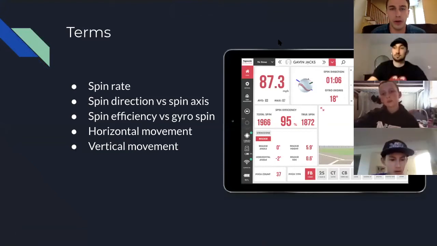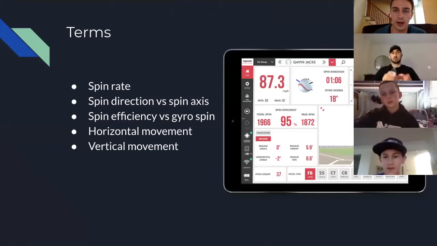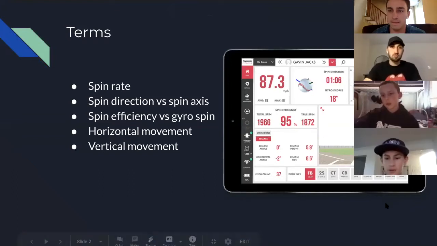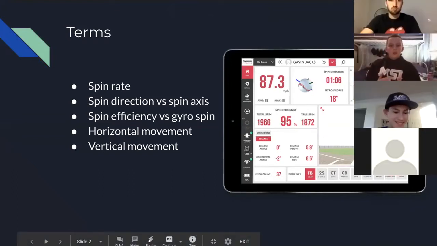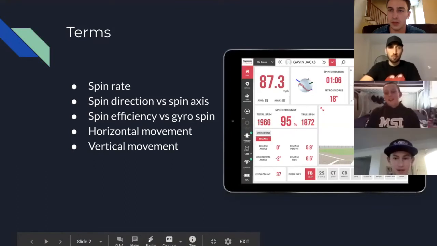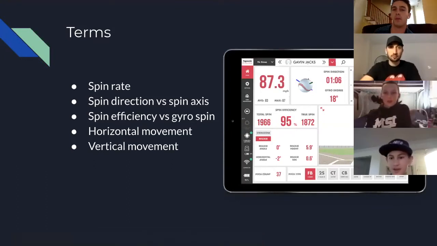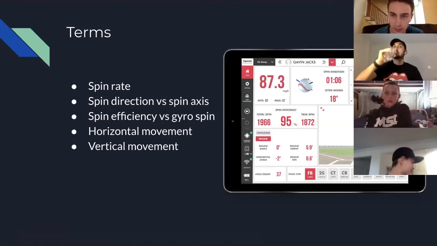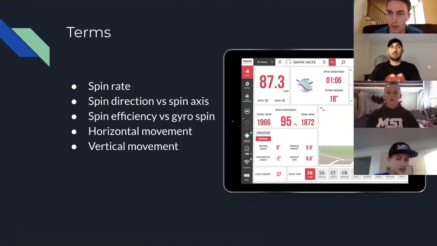So first thing to go over is spin rate. Have you guys heard of spin rate? Carter, what have you heard about spin rate before? I've heard about it. Like there's different types of spin rates.